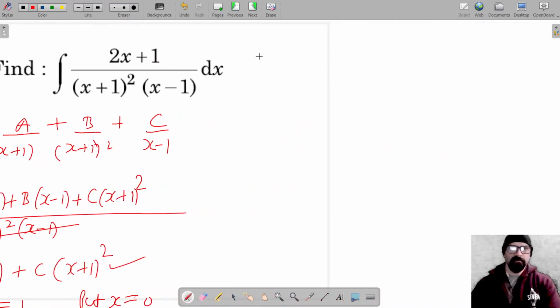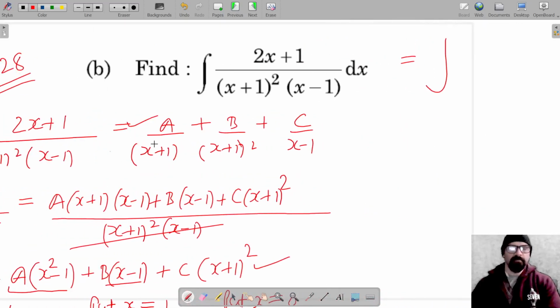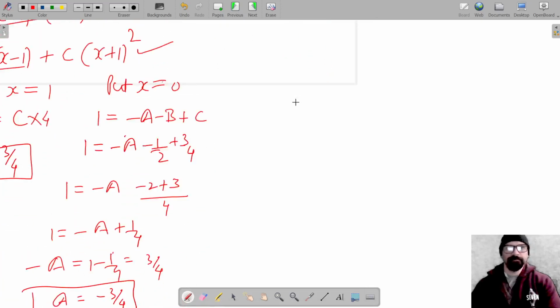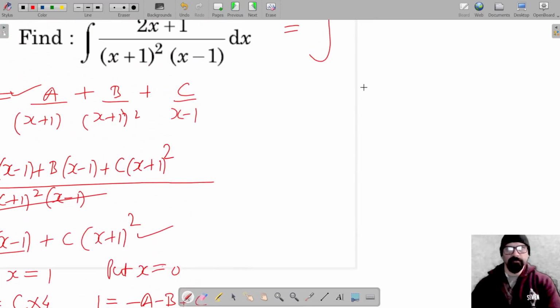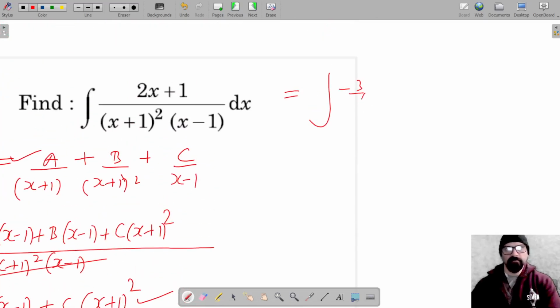So that means I can write this integration as a upon x plus 1. A is negative 3 by 4, so this is negative 3 by 4 upon x plus 1, plus b.